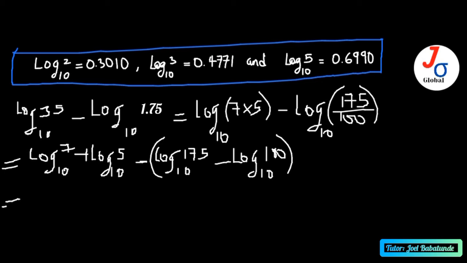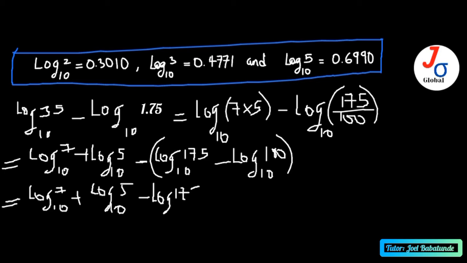Okay, so I have log 7 base 10, plus log 5 base 10, then minus log 175 base 10, then minus times minus will give us plus, and plus log 100 base 10.